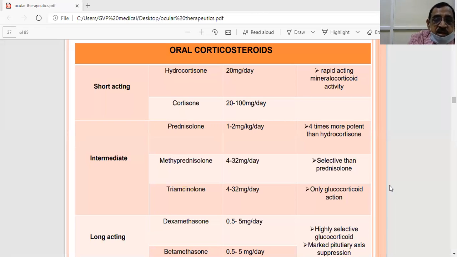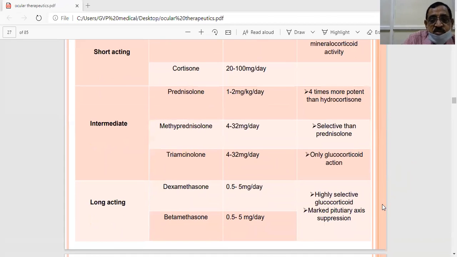The intermediate-acting oral corticosteroids are methylprednisolone 4 to 32 milligrams per day, which is more selective than prednisolone, and triamcinolone 4 to 32 milligrams per day, where only glucocorticoid action is there. And long-acting are dexamethasone and betamethasone, each 0.5 to 5 milligrams per day. They are highly selective glucocorticoids, and marked pituitary axis suppression is noted with these two drugs.